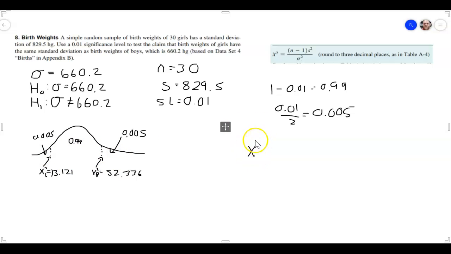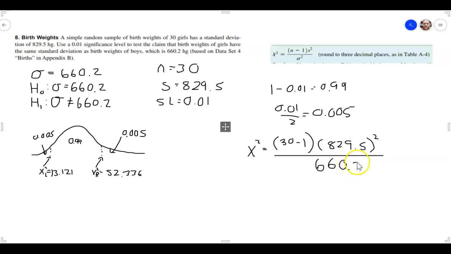All right, so my chi-square test statistic is equal to, well, my n is 30 minus 1 times my sample standard deviation, which is 29.5 squared, all over my population standard deviation, which is my claimed value, 660.2 squared.